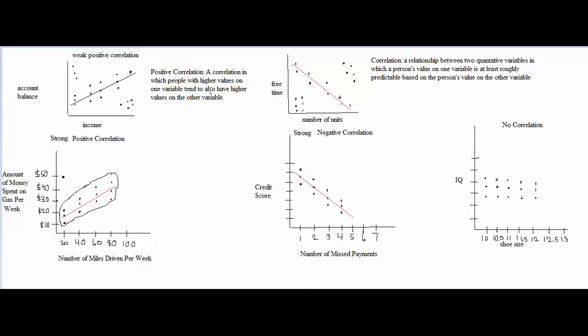So a positive correlation is something like miles driven per week and amount of money spent on gas, because in this case, people with higher values on this variable down here tend to also have higher values on this variable up here. So that would be a positive correlation. So a positive correlation means people with higher values on one variable tend to also have higher values on the other variable.